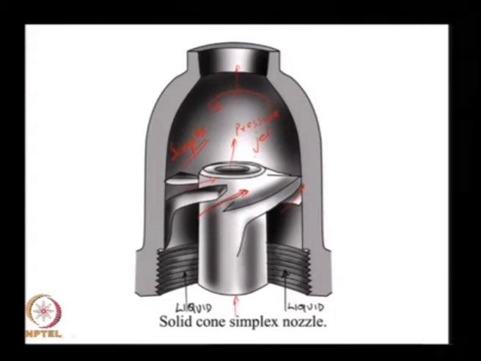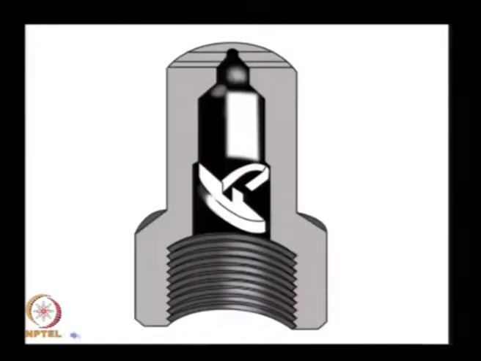Okay. The next kind of design is again an offshoot of the simplex nozzle, and this particular design simplifies a few different aspects of the simplex nozzle by making the passages fairly large. This is again a schematic where the liquid is injected through the middle through this.